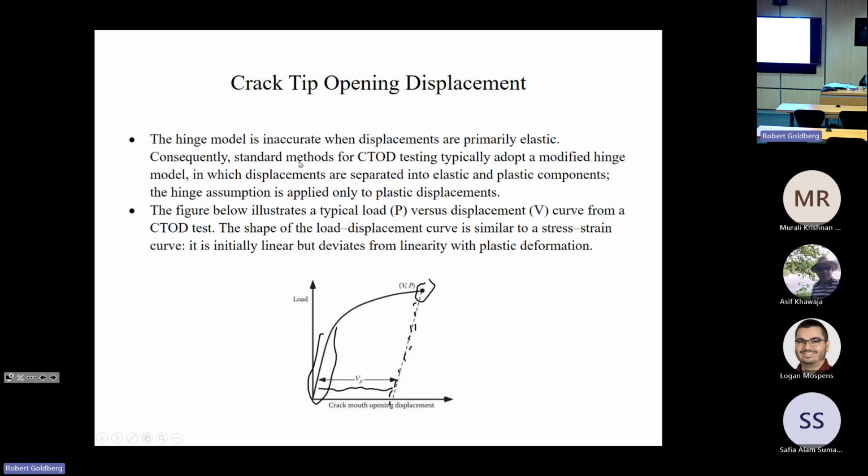It's the same idea as how you measure a plastic strain: you do a stress-strain curve and it gets nonlinear, then when you unload it, it unloads with the initial elastic modulus, and your plastic strain is just your total strain minus your elastic strain. It's the same type of idea with a load displacement analysis from this type of test.